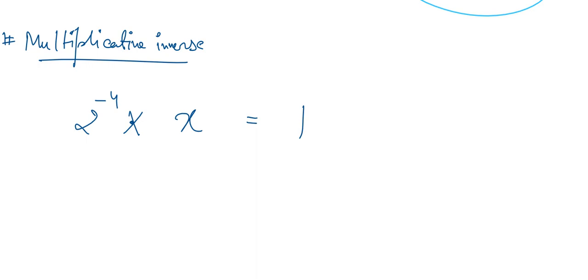So you have to determine the value of x, which would be your multiplicative inverse for your given exponent, which is here 2 raised to the power minus 4. If you solve for x, you will be getting your answer. So let us quickly check how we would determine the value of x.